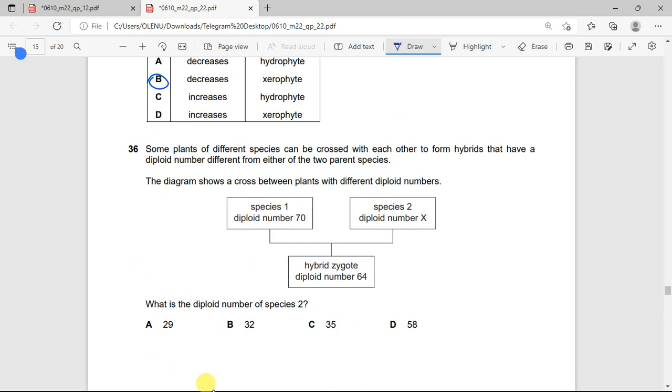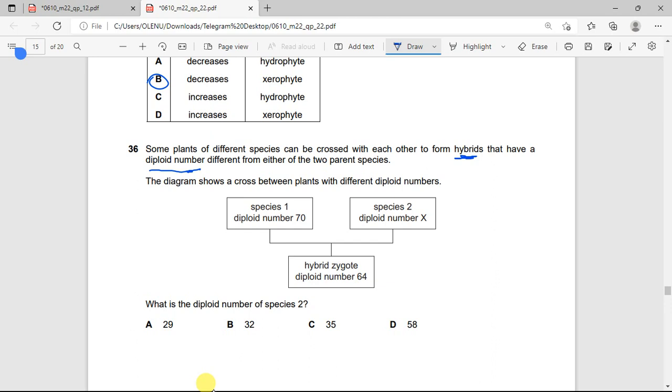Now, some plants of different species can be crossed with each other to form hybrids that have a diploid number different from either of the two parent species.